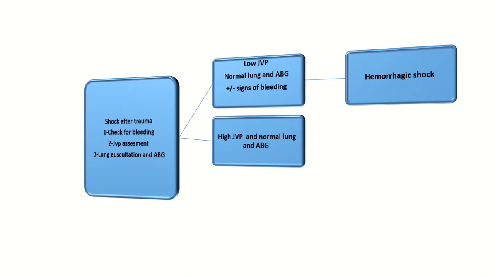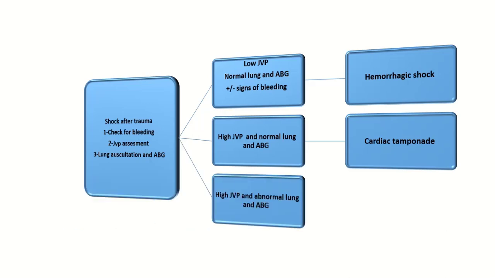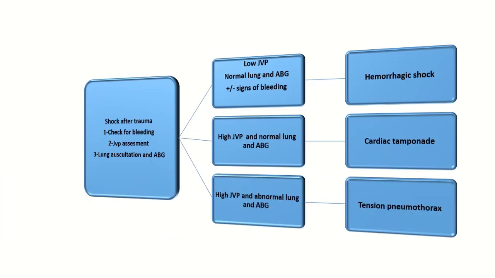If there is high JVP and normal lung and ABG, the most likely diagnosis may be cardiac tamponade. If there is high JVP and abnormal lung and abnormal ABG, the most likely diagnosis should be tension pneumothorax. And this concludes our section on hemodynamic instability in the context of trauma.